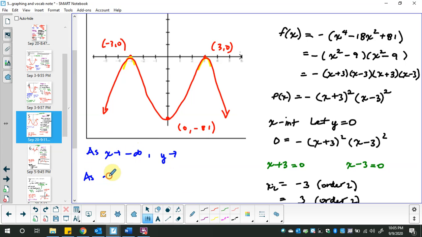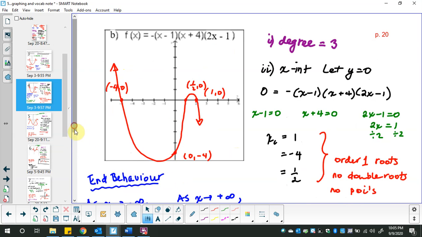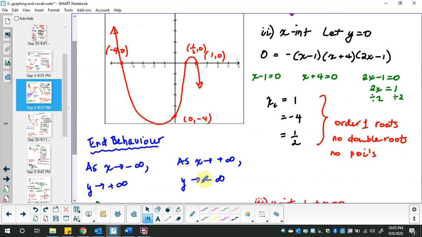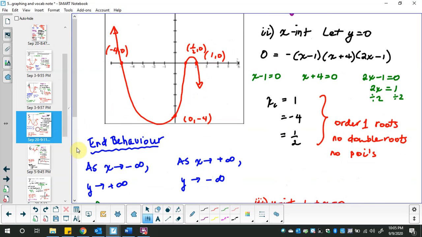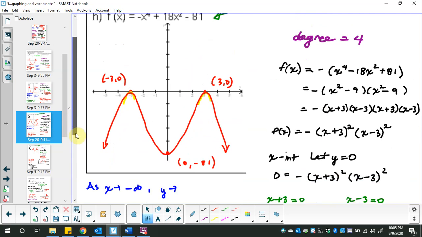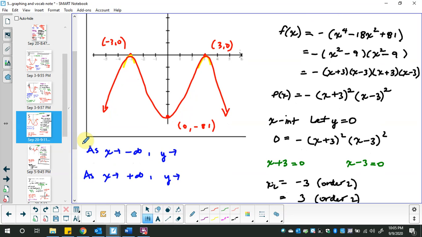As x approaches positive infinity, y approaches. You can write it right across your page rather than stacked. Totally up to you, as long as you use the right symbols, because math is communication. So you have to communicate this in a way that all other math people will be able to figure out what you're saying.